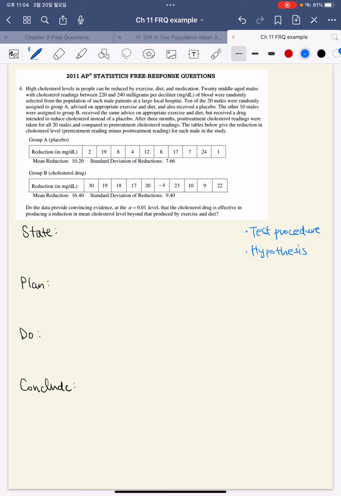So we have to say we are conducting a 2-sample test. Since we're working with the mean and we don't know the population standard deviation or mean, we are working with a t distribution. So I'll just erase this for now.